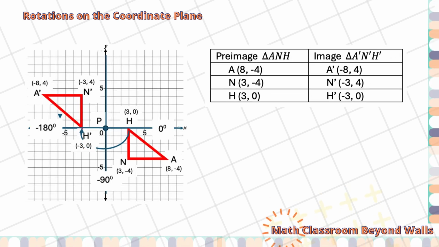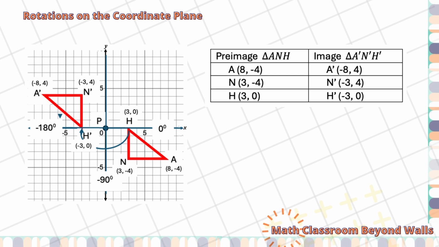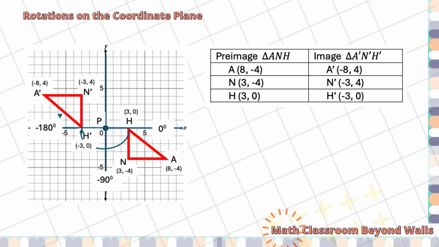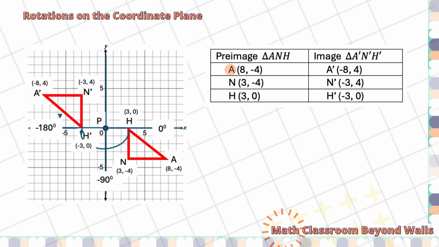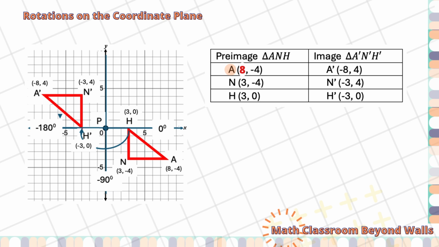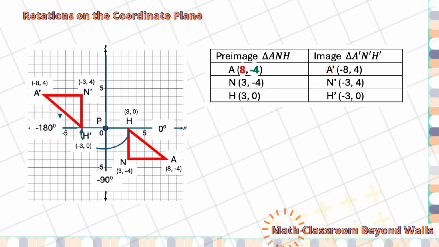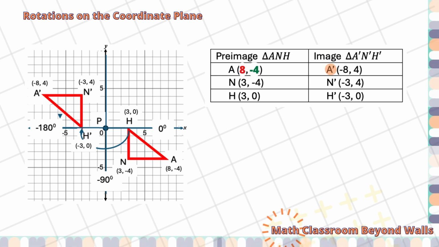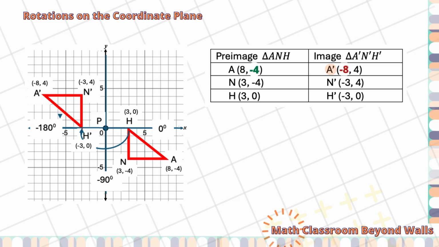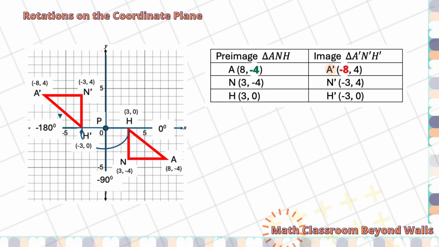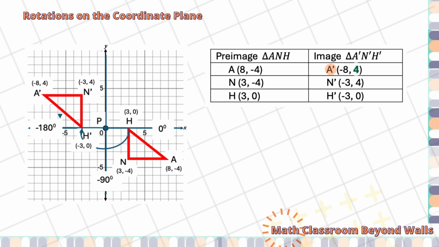The table lists the coordinates of both the preimage and the image for the 180 degrees clockwise rotation that just took place. On A, the x-coordinate is 8, whereas the y-coordinate is -4. On A prime this time, the coordinate of x is the negative of x on the preimage, whereas the coordinate of y on A prime is the negative of y on the preimage.